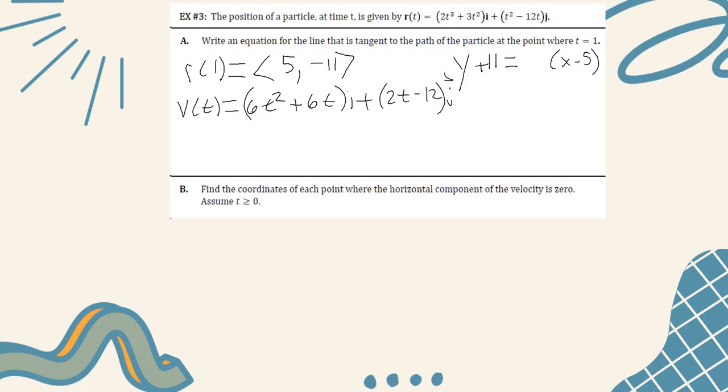And again, we're specifically wanting the velocity or derivative at 1. So we get, okay, comma, okay, which is my velocity vector.